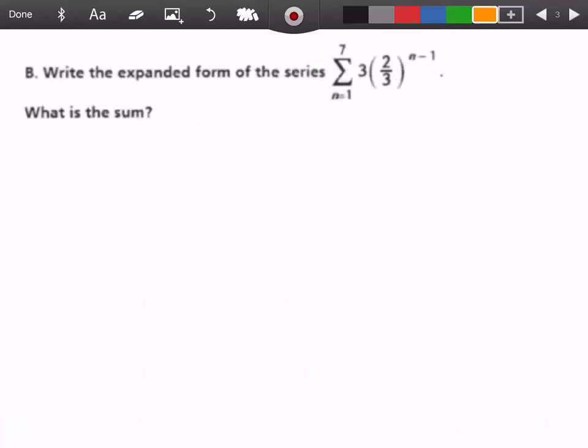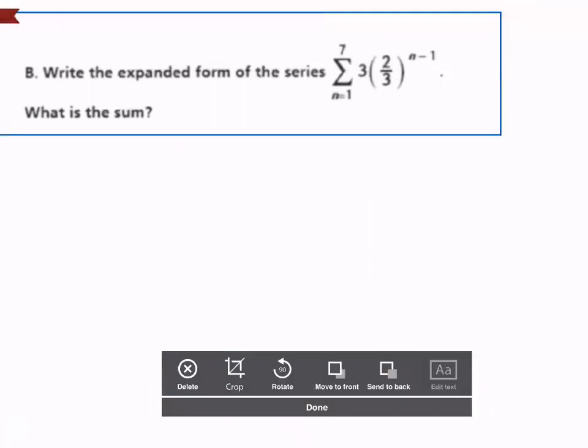So write the expanded form. So this is example 4. Write the expanded form of the series. You have the summation notation here, from n is equal to 1 to the 7th term.